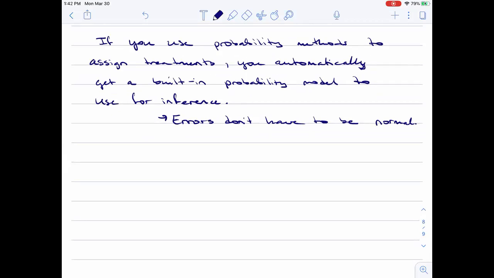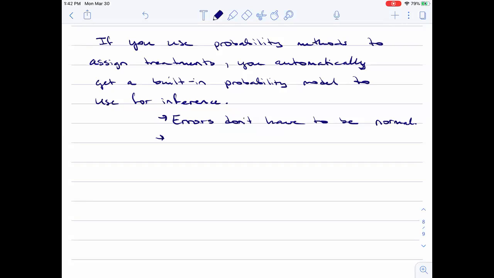The independence here is going to be automatic because we've randomly assigned treatments. We have looked at methods where we use probability methods to just randomly assign treatments.